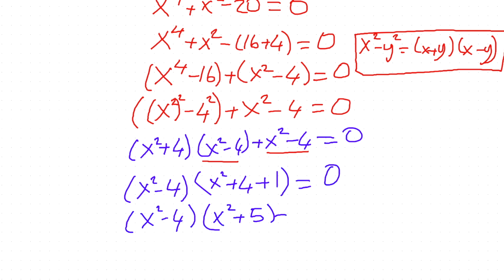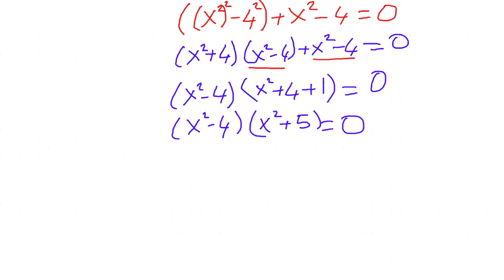You are almost done in this part of the problem. You can see that x squared minus 4 is equal to 0, which means that now let's do what you've been asked to do. Let's rewrite the difference of two squares for this: x plus 2 times x minus 2 is equal to 0.